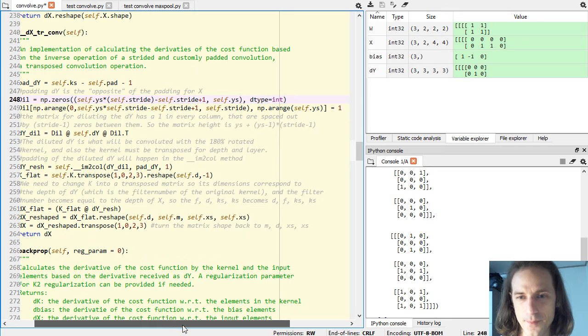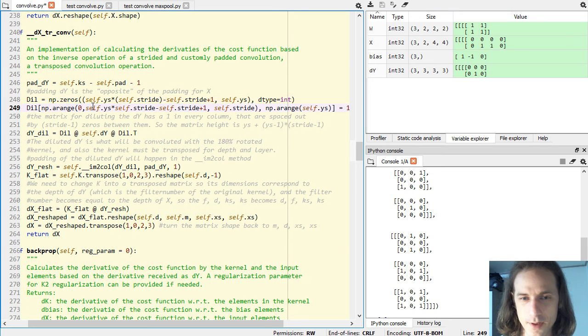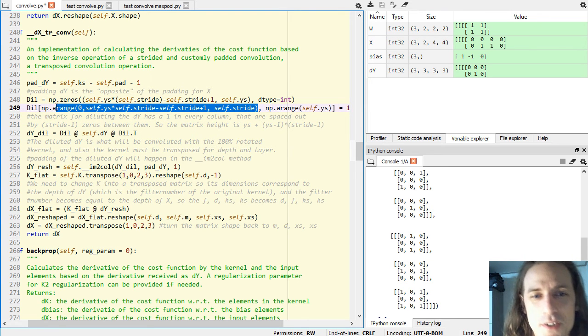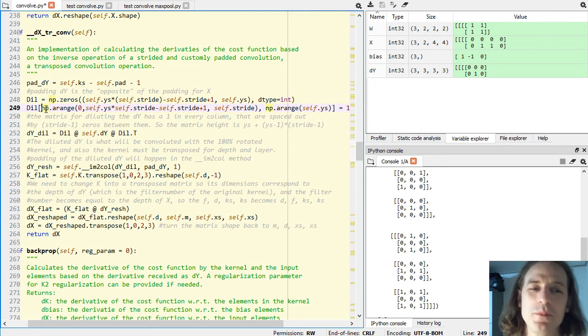It's a very smart way, I'm saying smart because I did this, but it's a way to, so we start from 0 and we go to the size of the y matrix times stride minus stride plus 1.